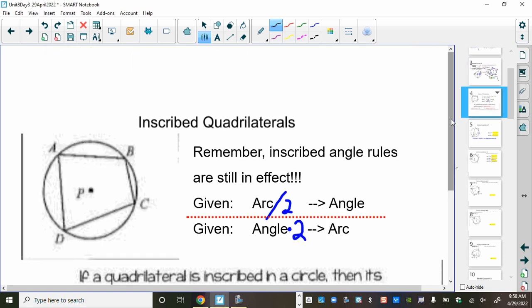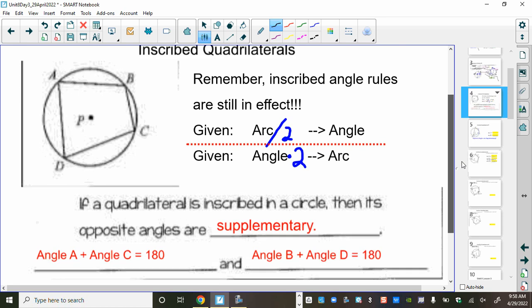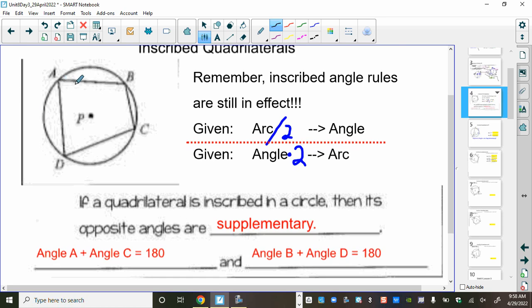Okay, last thing I want to talk about. Anytime you have a quadrilateral, now, I think this is one of the last problems from the 8-2 homework. Supplementary. Opposite angles. So basically, the two angles are going to cross. They add up to 180.